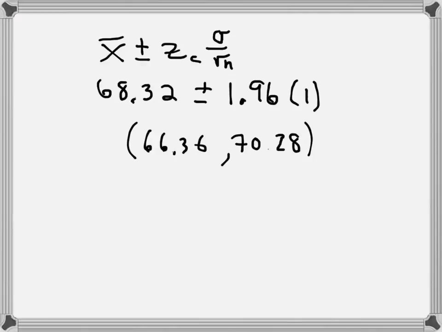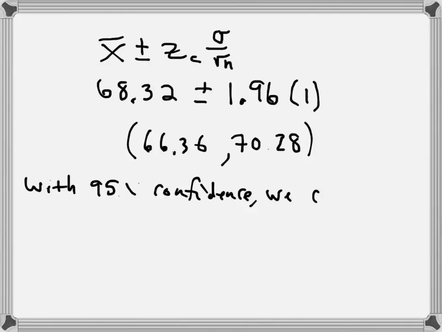So when we're done with our confidence interval, we're going to say, with 95% confidence, we can say that the true, in this case again, what are we trying to estimate?